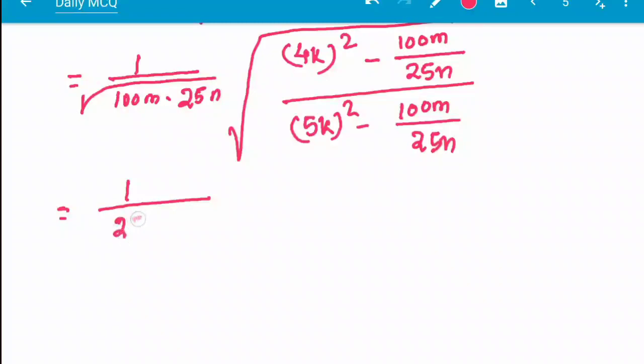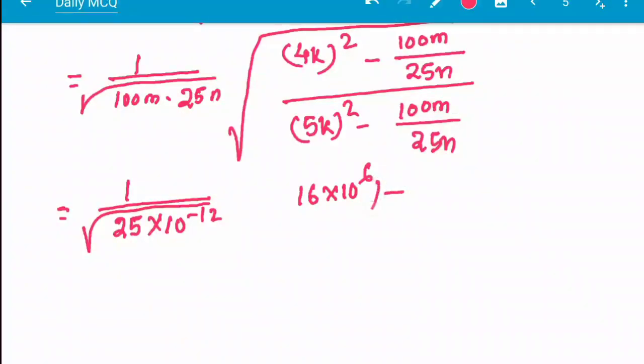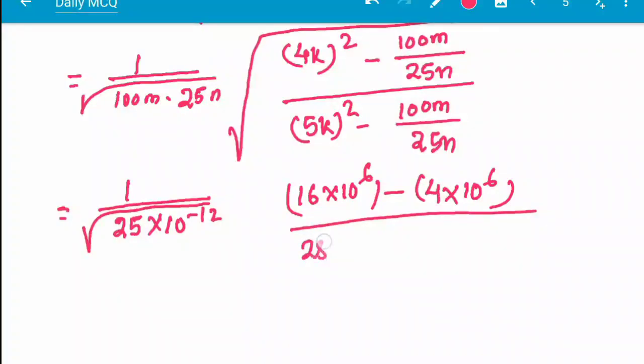If we calculate this one, this will be 1 by root over of 25 into 10 to the power minus 12, and here this will be 16 into 10 to the power 6 minus 4 into 10 to the power 6. Similarly here 25 into 10 to the power 6 minus 4 into 10 to the power 6.